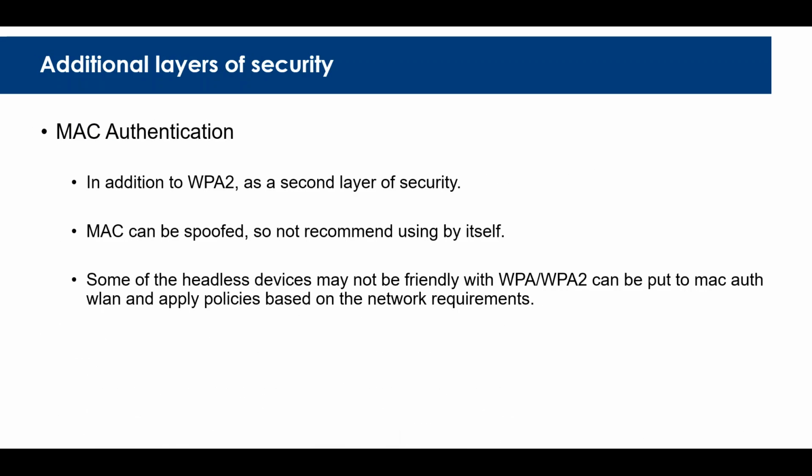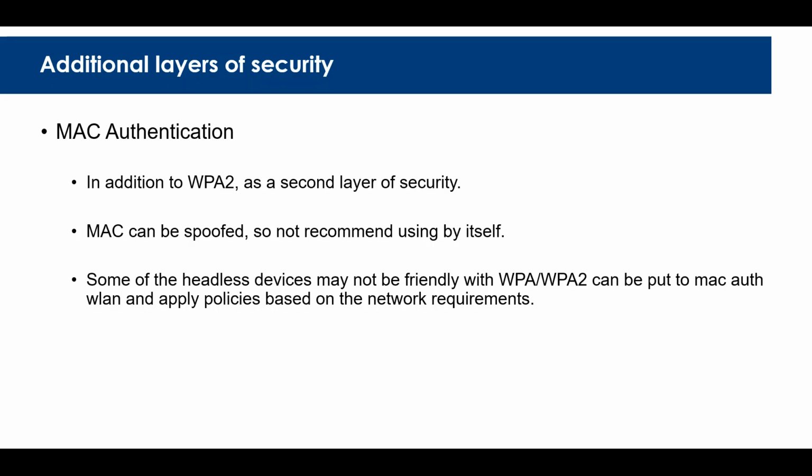As part of additional layer security, let's talk about MAC authentication. MAC authentication can be considered a second layer of security in addition to WPA2, or it can be considered device level security as well. But the flaw is that a MAC address can be spoofed, so MAC authentication alone is not recommended in the wireless LAN context. You can use a combination of WPA2 plus MAC auth.